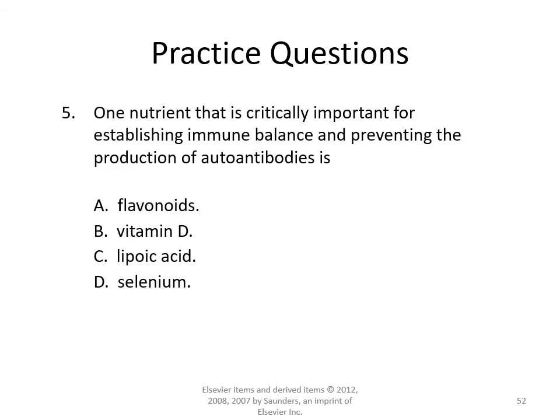And number 5, one nutrient that is critically important for establishing immune balance and preventing the production of autoantibodies is, and this is answer choice B, vitamin D.